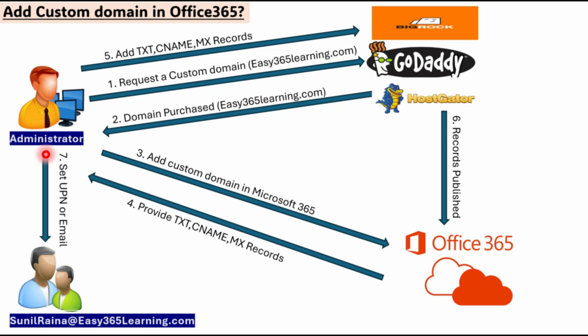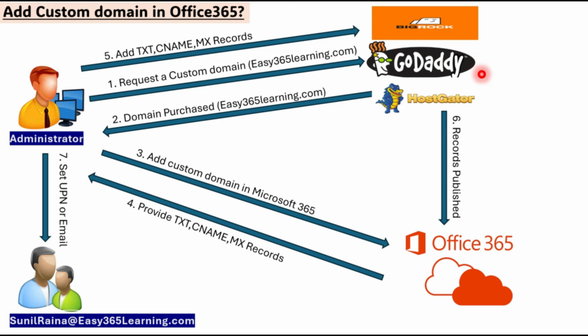Once the domain is purchased by the administrator, he will add this custom domain in Microsoft 365, and during the setup phase, Microsoft 365 will provide the administrator with some DNS records like TXT, CNAME, and MX records, and will ask the administrator to add these records in the DNS registrar site.